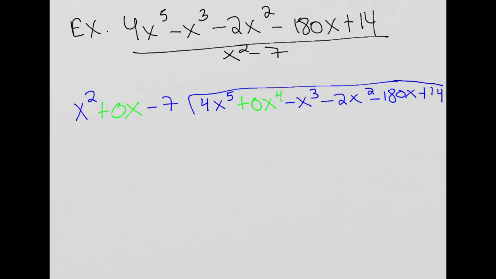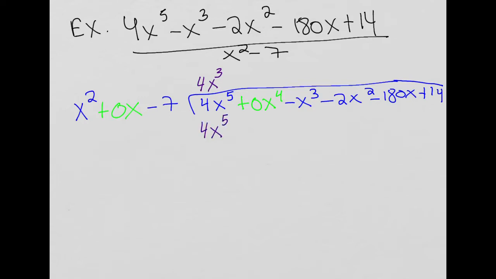So what do I multiply x squared by, so I get 4x to the fifth, and that's going to be 4x cubed. You agree? Because when we do 4 times 1, that's going to be 4. And when we do x cubed times x squared, we add the exponents and we get x to the fifth. That is the product rule of exponents. When you multiply, you add the exponents.